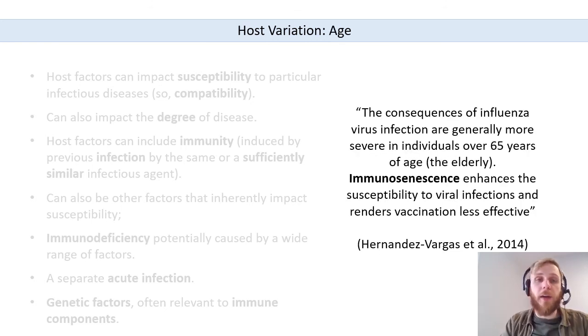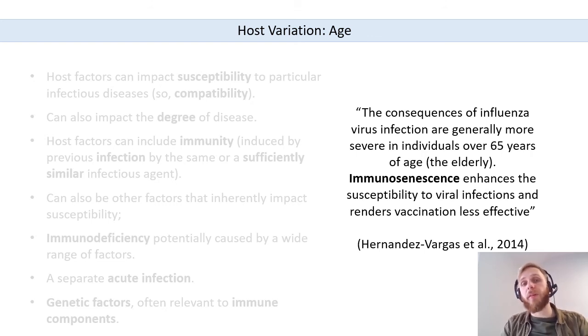Okay, influenza virus is another example here, but this is an example of differences across ages. So the consequences of influenza virus infection are very different in the elderly compared to the young. And we see this for a lot of respiratory tract infections, particularly lower respiratory tract infections, so infections that impact the lung, because in elderly individuals there's a more likely progression to pneumonia, which is obviously a very serious inflammatory disorder.